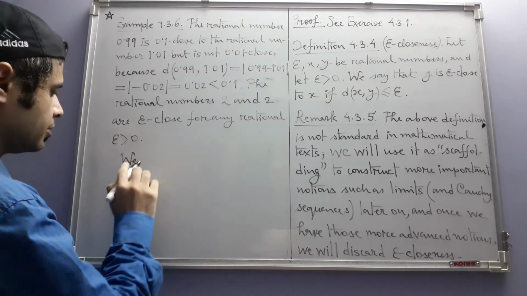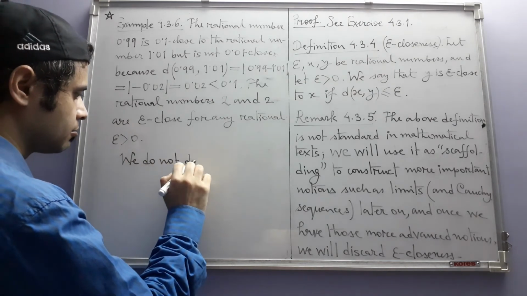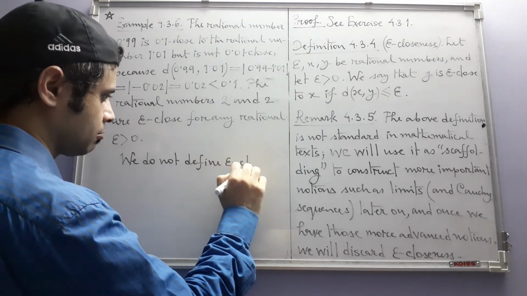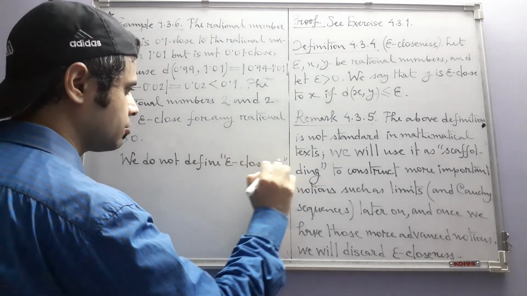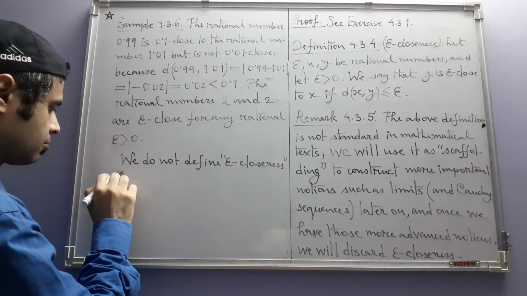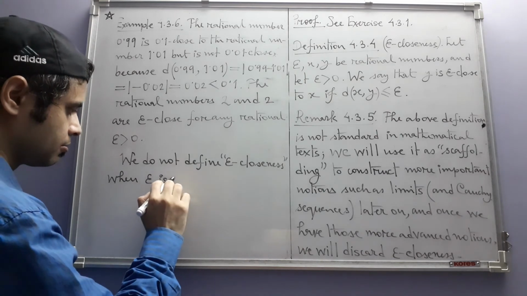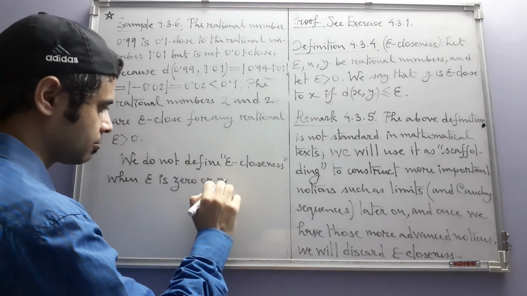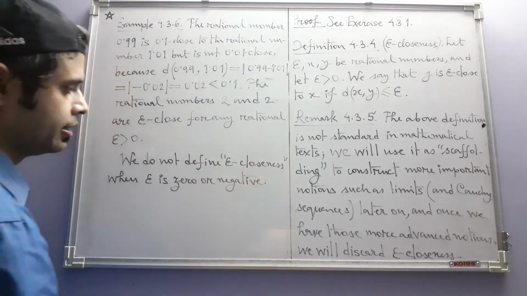Okay, next comes a point. We do not define epsilon closeness when epsilon is 0 or negative.